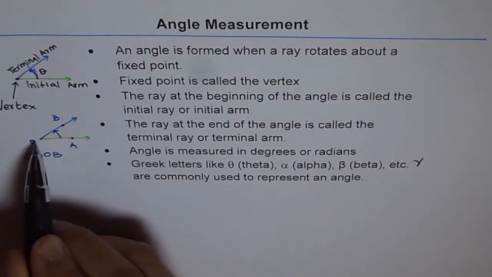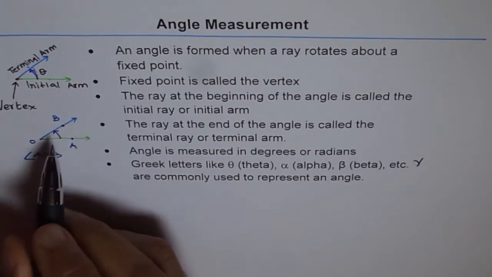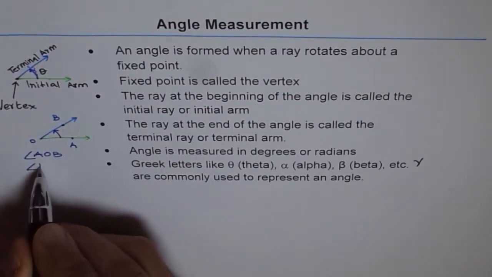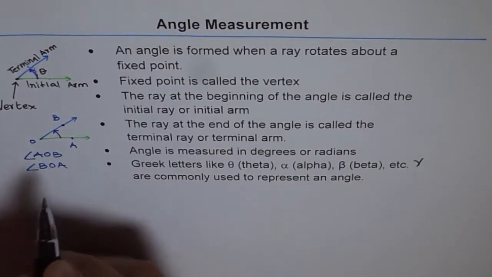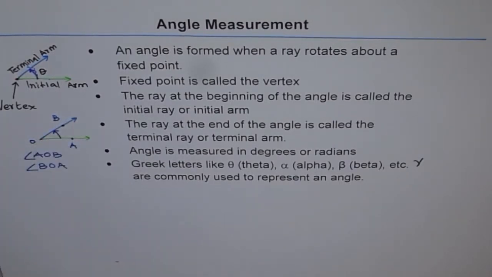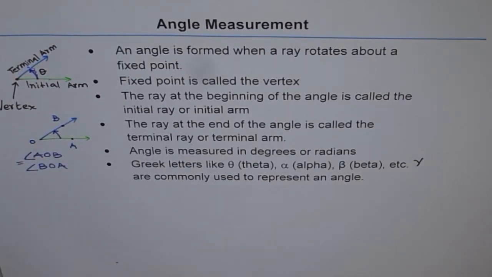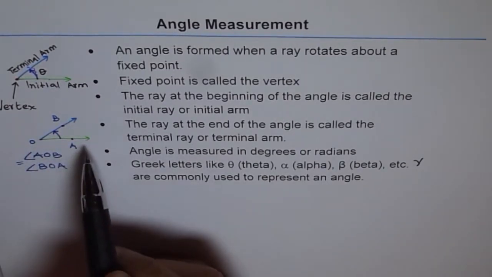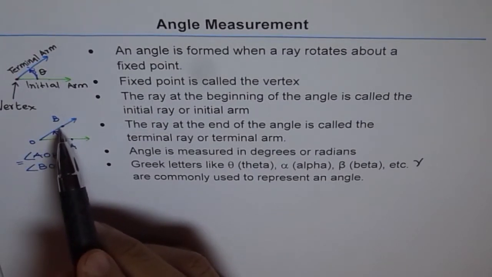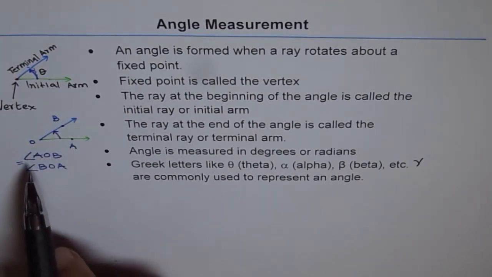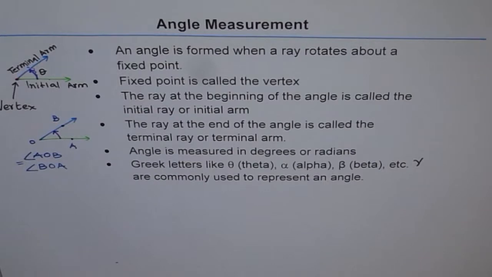It could also be referred to as angle BOA. BOA is the same angle and both are equal. So angle AOB equals angle BOA. That's another way of referring to angles, correct?